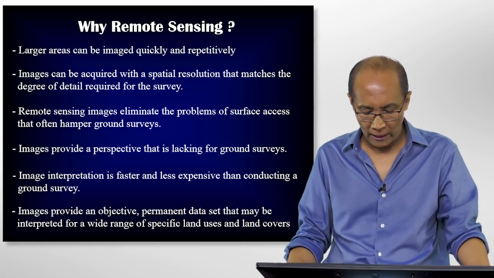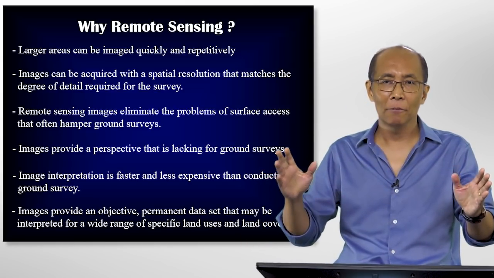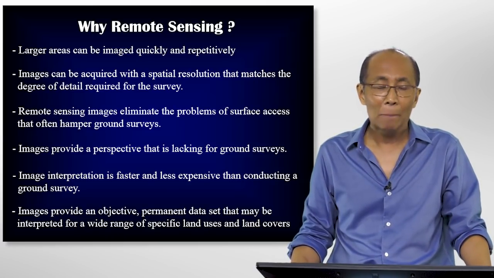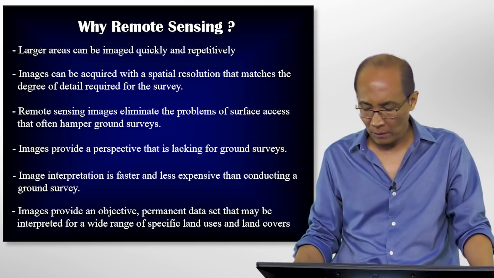That kind of thing, you would need a permanent land use land cover type, which you can use for many different applications or to come up with better management plans.